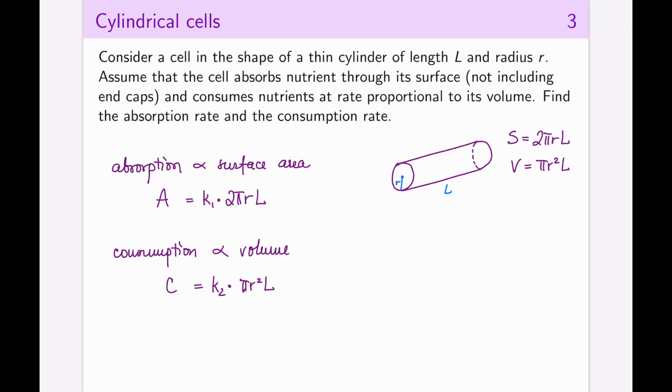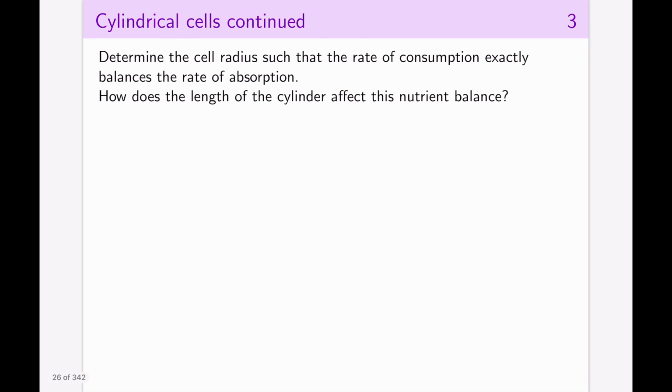Once we have this, we can move on and analyze the cell survival rate or behavior in terms of consumption and the absorption. So first part is to figure out when are they exactly the same. So where is that switch point at which the consumption is going to be equal to the absorption?